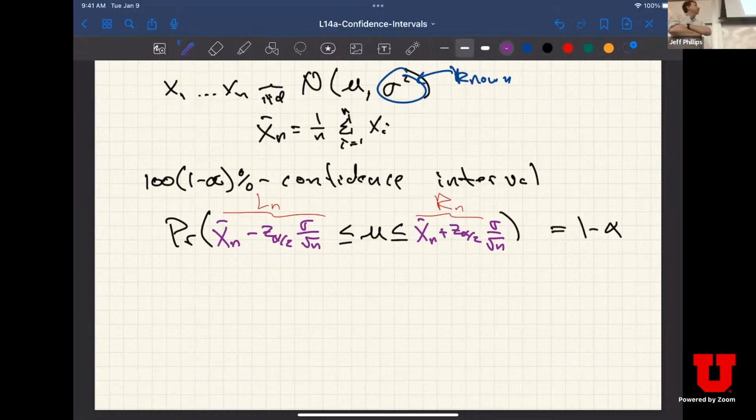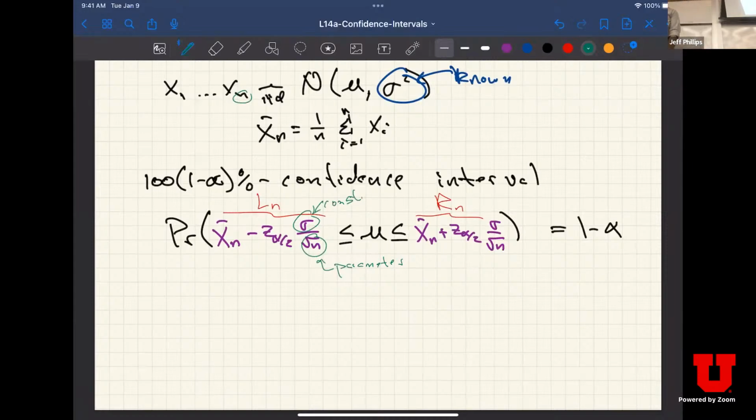So those two purple expressions are the random variables. This part, sigma over square root n, is a constant, because I assumed that sigma squared was known. It's based on the number of random observations.